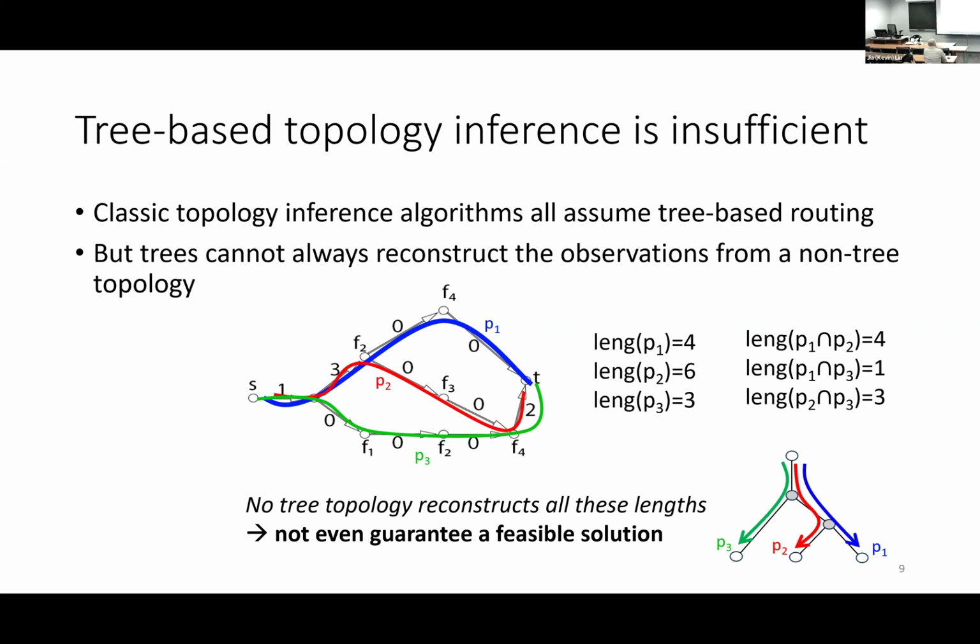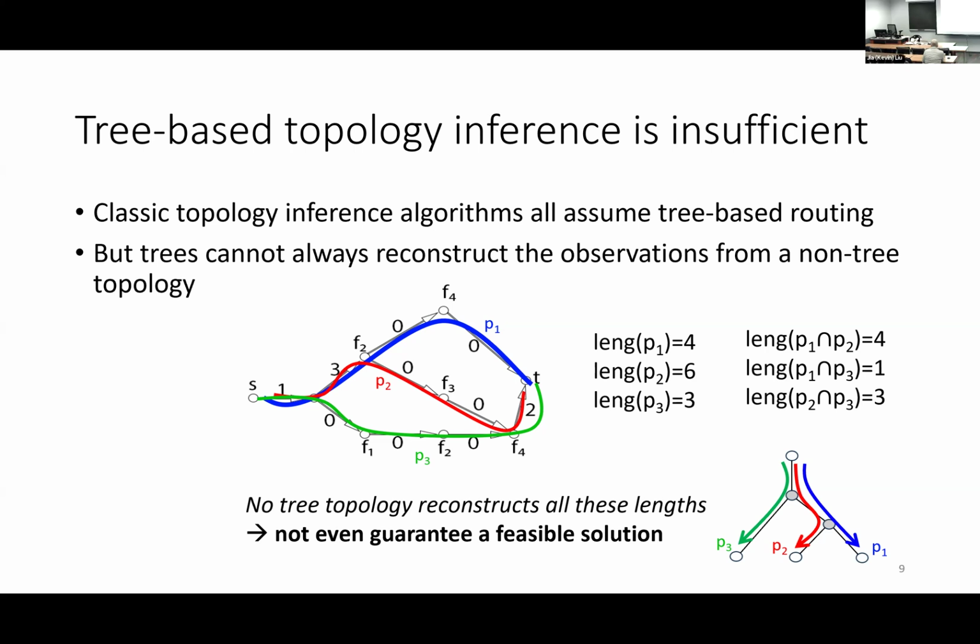But my claim is that you will not be able to find a single-root 3-leaf tree that perfectly reconstructs all these path metrics simultaneously. You cannot. The reason is that if you look closer, for any 3-leaf tree, two of the leaves are going to branch away from the third leaf at some point.